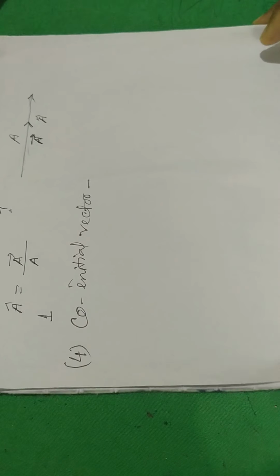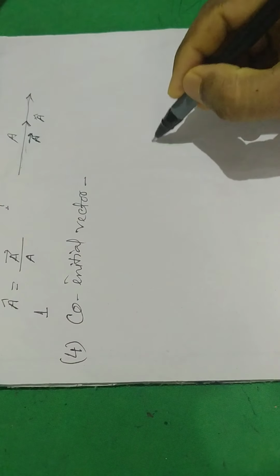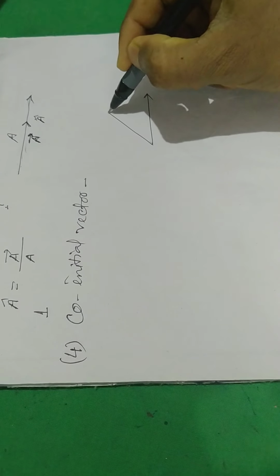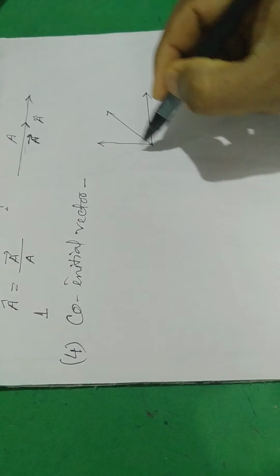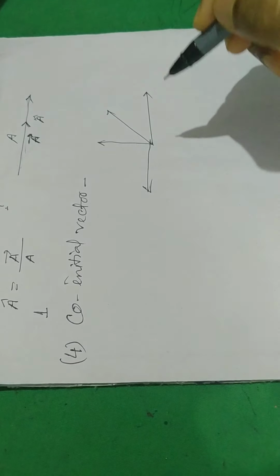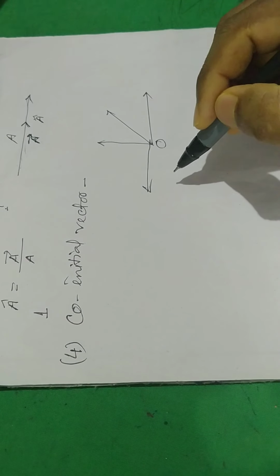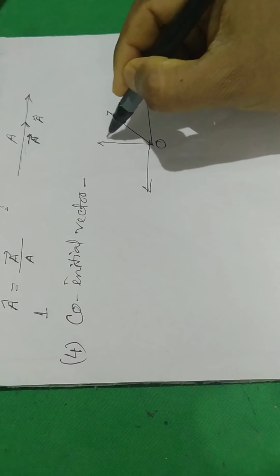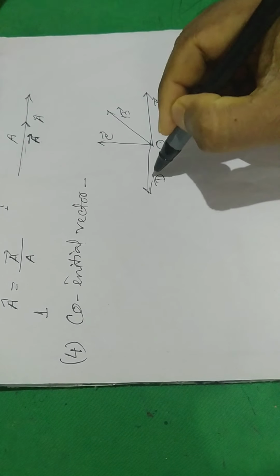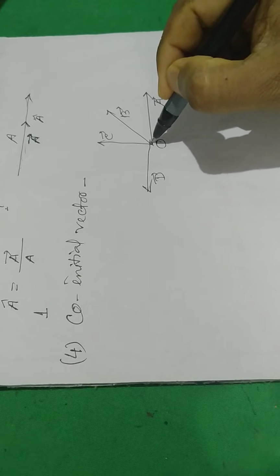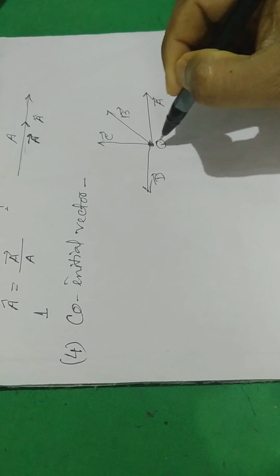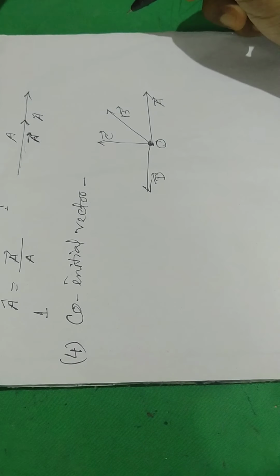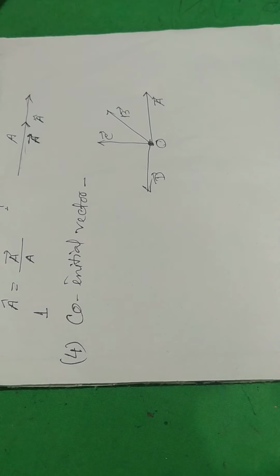Now you see, say this is a vector, this is another vector, another vector, another vector. All their common point is say O. So A is a vector, B another vector, C another vector, D another vector. All 4 vectors have their common point O. So these vectors are called co-initial vectors.